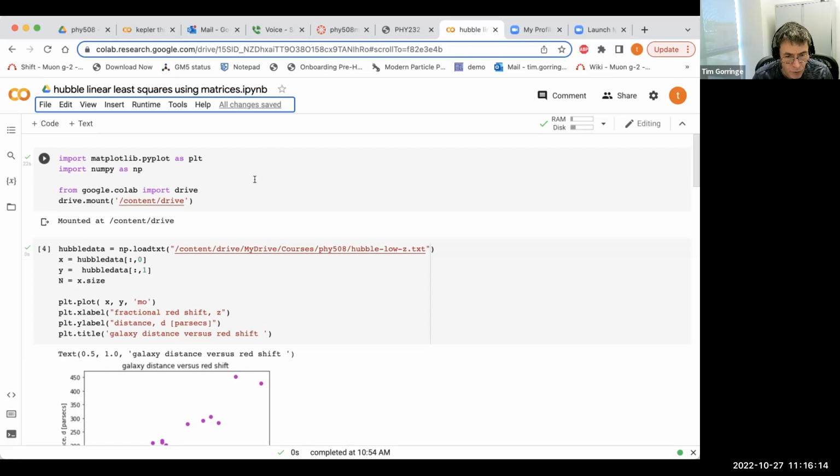So let's just walk through the steps in this, and I think you'll be able to visualize how introducing these matrices and vectors is a convenient way of solving this problem.